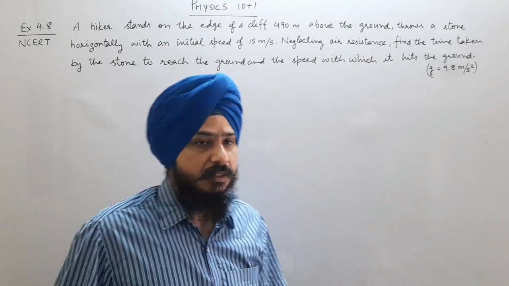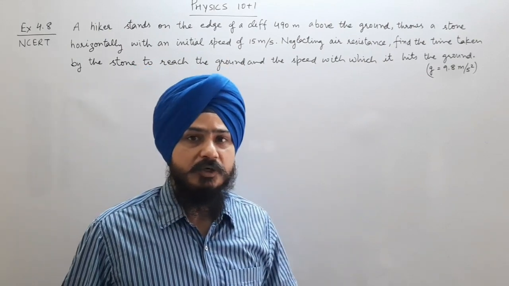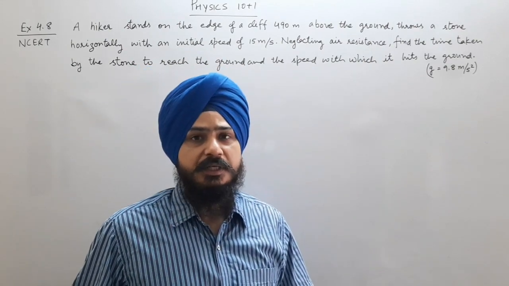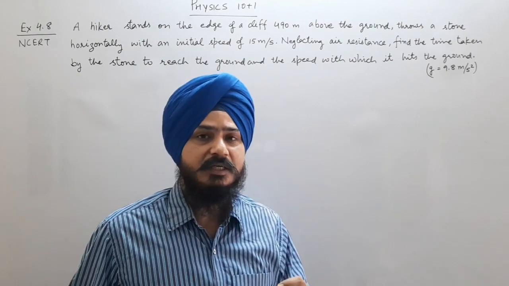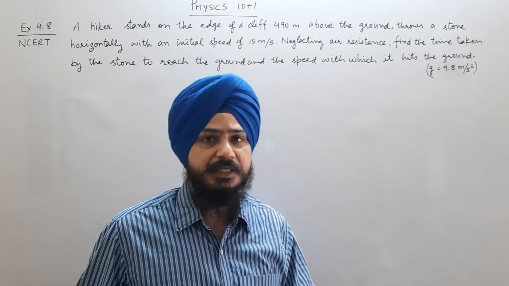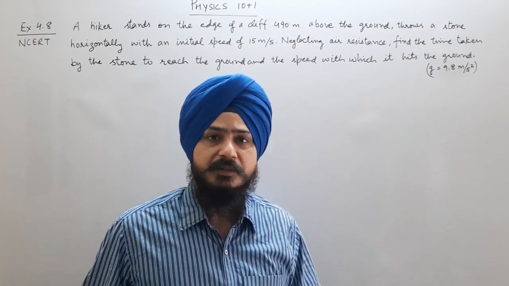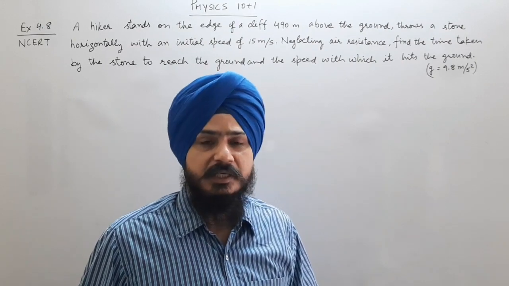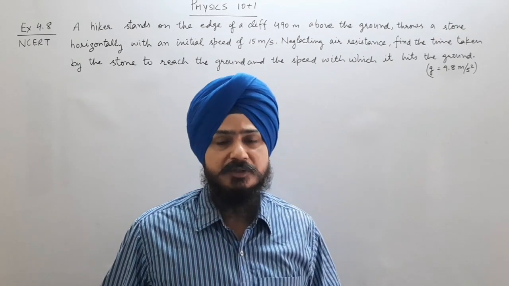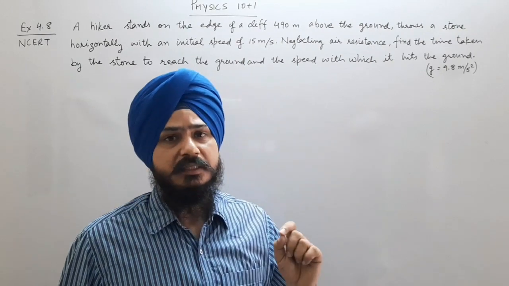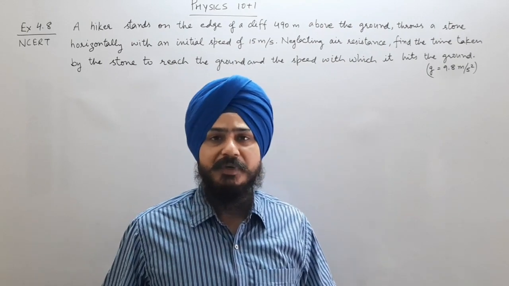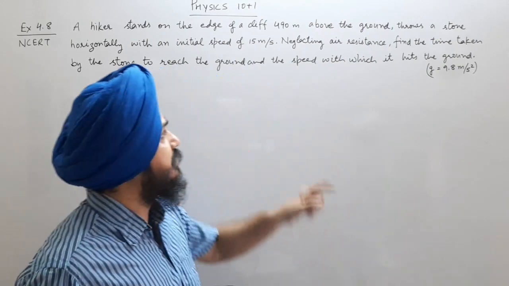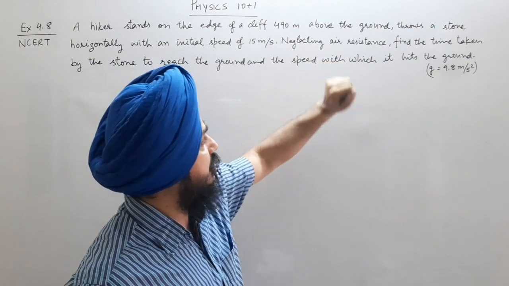What does this mean? Actually, in our atmosphere, air resistance comes into play, and that may affect our calculations of time of flight. Maximum height attained may be different if air is there, and horizontal range may also be different, but the changes will be very small. So to make calculations easy, we generally neglect the air resistance.